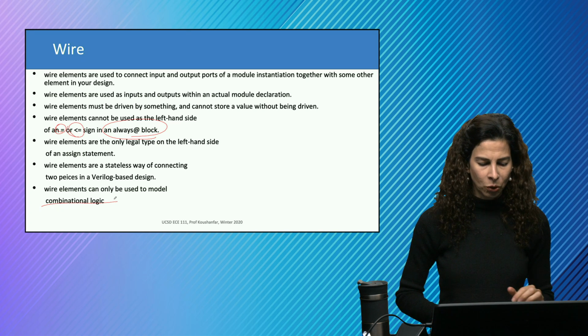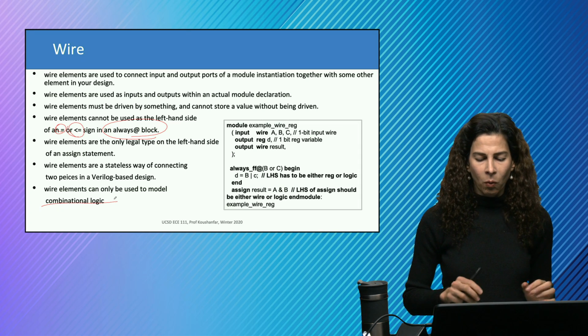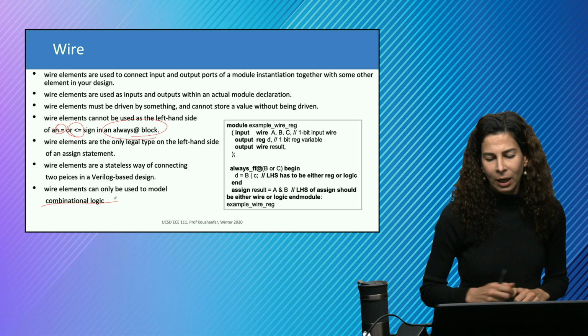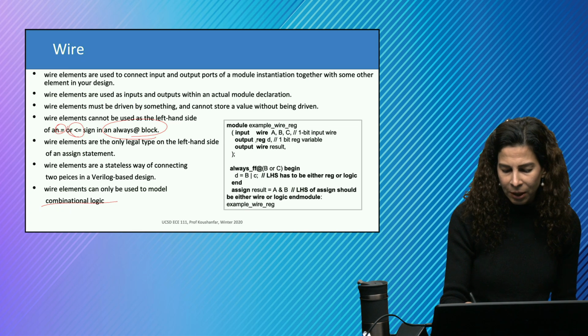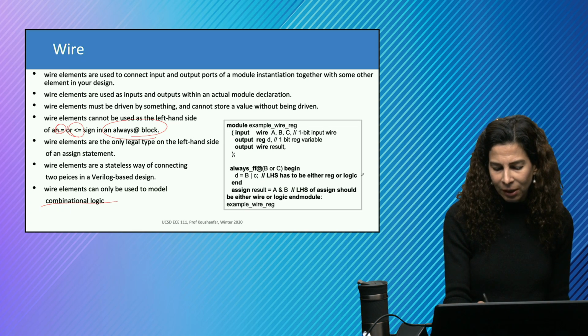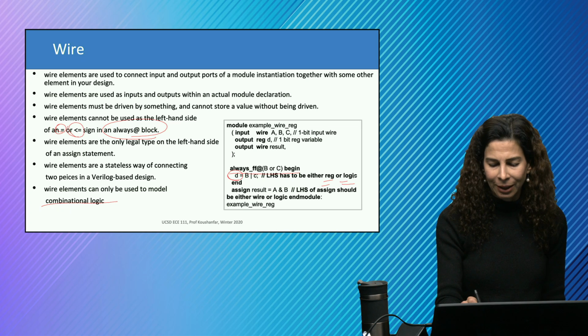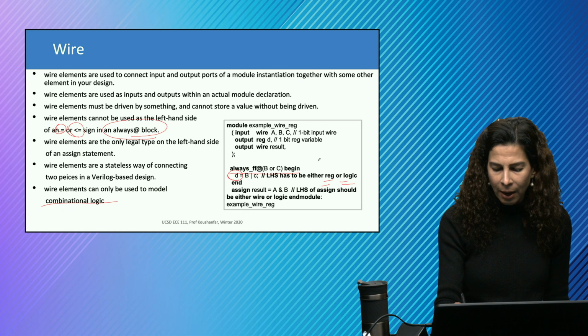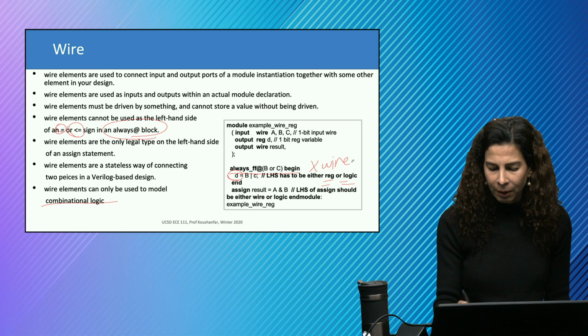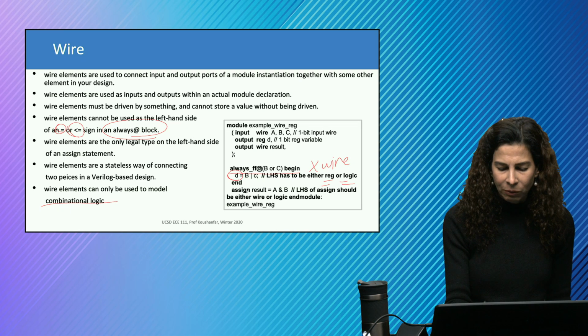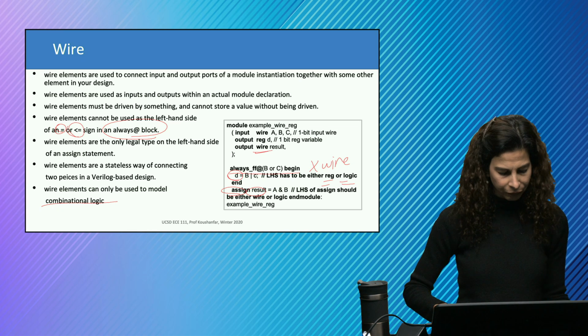They cannot really store values, and that is clear why it cannot be used for this. If you look at the example here, the left-hand side inside this always block has to be either register or logic. It cannot be wire. But assign, which is a combinational, the left-hand side should be a wire, which is here. The wire is a result.